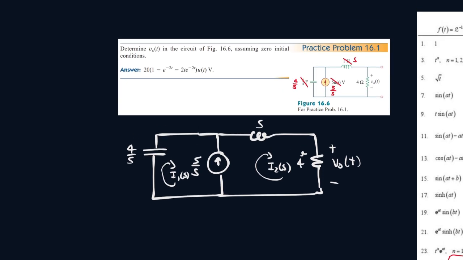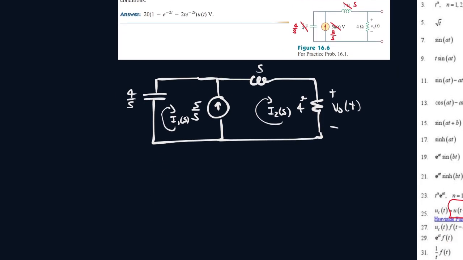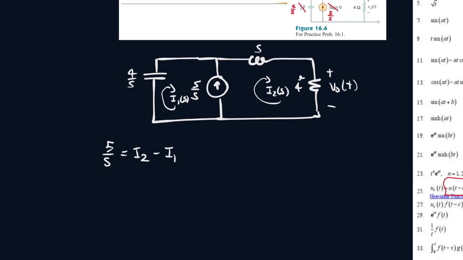So let's write. We will probably have to do a supermesh because we only have this one capacitor here. So let's try and get rid of this. So we'll do 5 over S is equal to I2 minus I1. I'm not going to write the S because it's just going to take too much time.